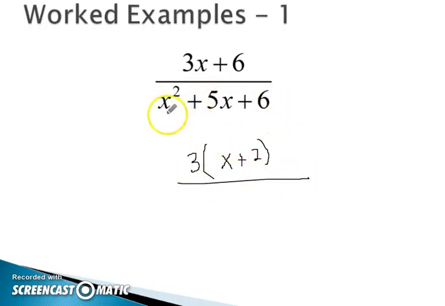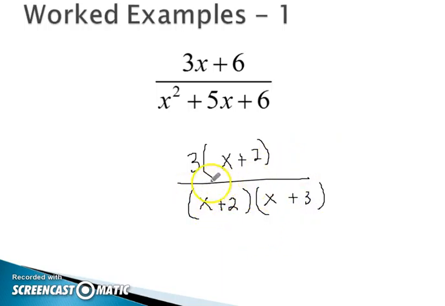In my denominator, I've got a trinomial. So I'm going to factor to two binomials. So x and x. And I need two factors that multiply to equal 6, but add to equal 5. So 2 times 3 is a positive 6. 2 plus 3 is a positive 5. So this would factor to x plus 2 and x plus 3.